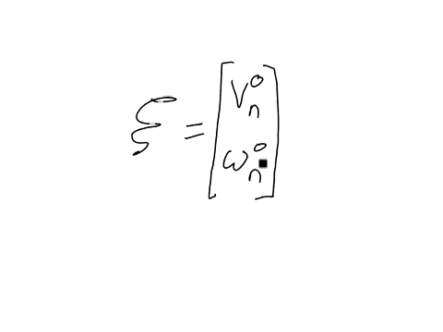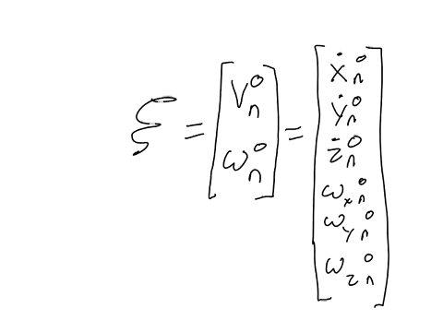And omega also has 3 components: a rotation about x, a rotation about y, and a rotation about z. So here is what this expanded vector looks like. It has 6 rows and 1 column, expressing the velocity of the end effector relative to the base frame.